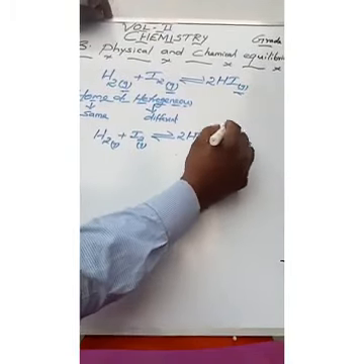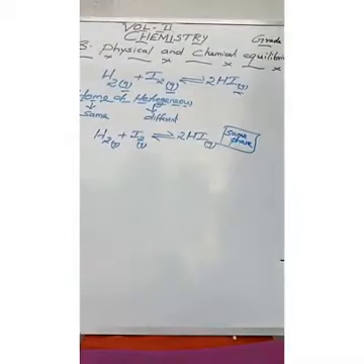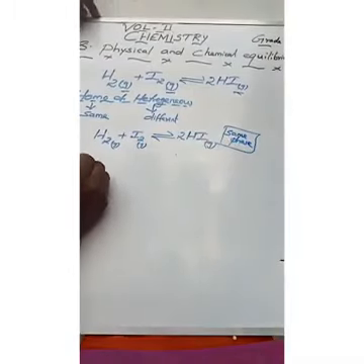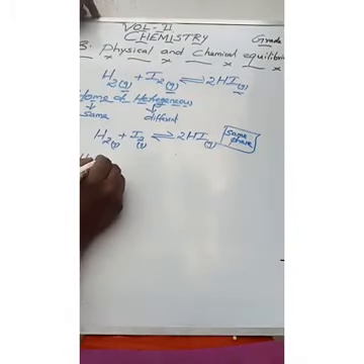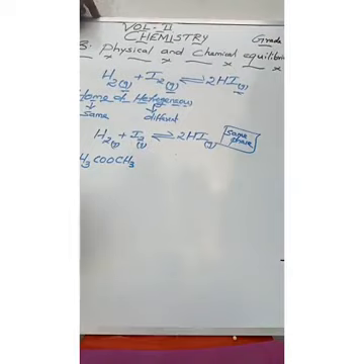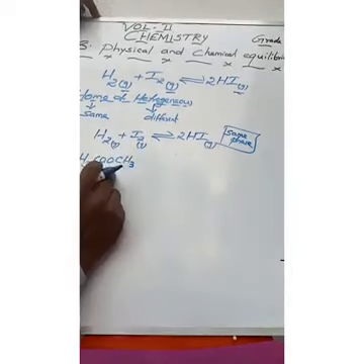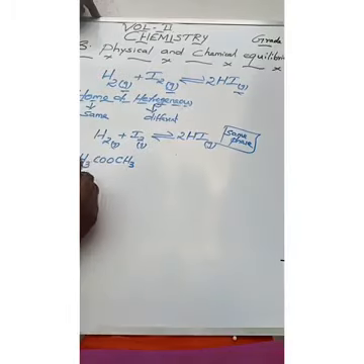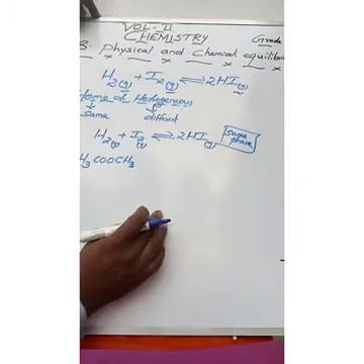One more example: methyl acetate. What is the formula for methyl acetate? CH3COOCH3. Already I explained that one.